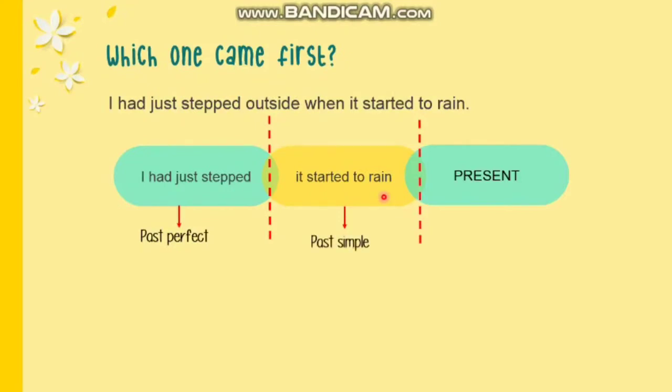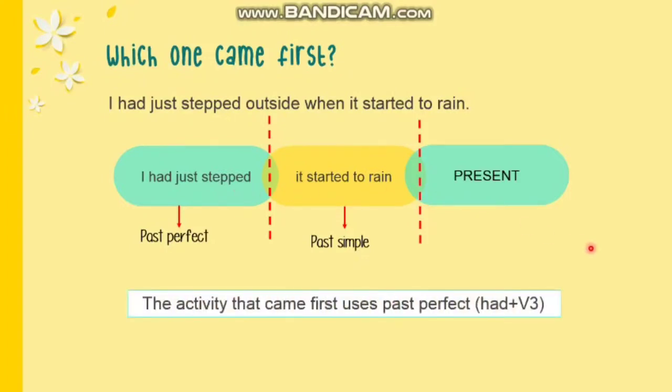Kenapa? Kan ini judulnya past perfect, tapi kok ada past simple? Karena ditandai dengan started itu verb 2 dan di sini tidak ada had. Maka dua kejadian ini menggunakan dua tenses yang berbeda. Okay, so the activity that came first uses past perfect.